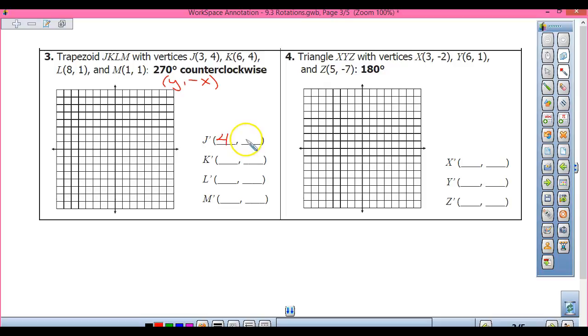So 4, negative 3. K prime is going to be 4, negative 6. Good. L prime, 1, negative 8. And M prime, 1, negative 1.